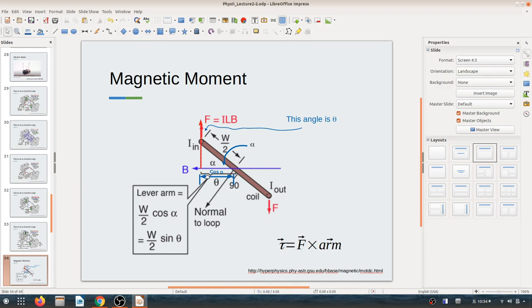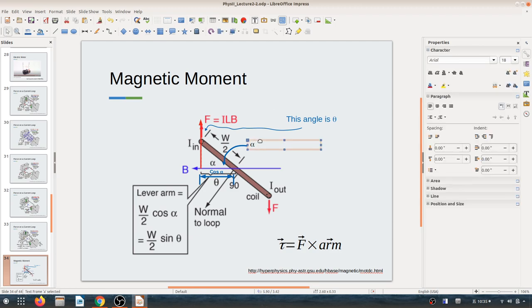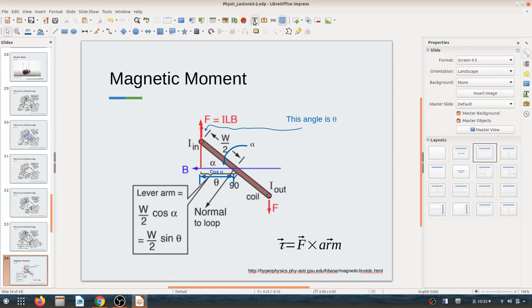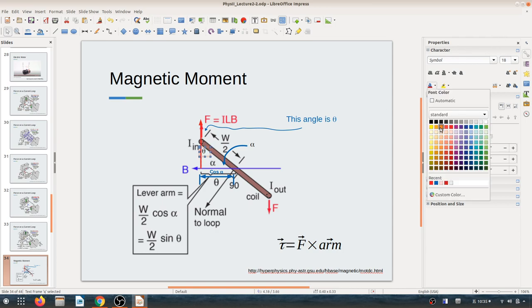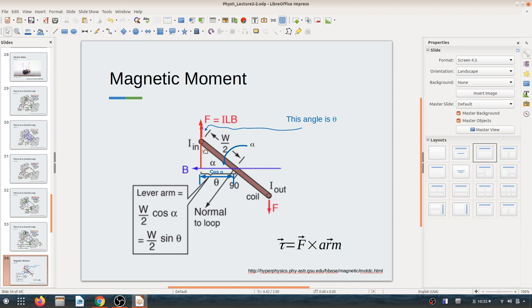But this length is exactly the... if you look at this angle, this one, yeah, this one. The angle theta here, if you take a sine theta, is giving you exactly the same length.